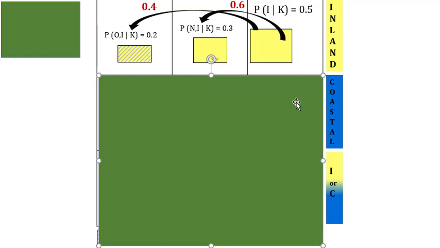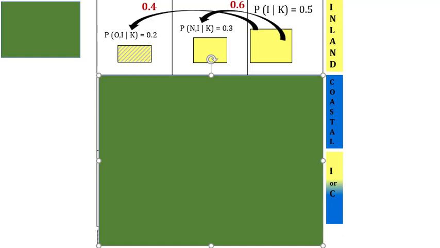If we know the drone landed in the inland region, then there is a 60% chance that it landed in a new area, and a 40% chance that it landed in an old area. Given that we know it landed in inland, the probability of old given inland is 0.4, and the probability of new given inland is 0.6.